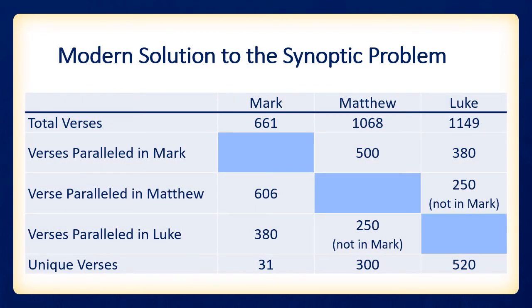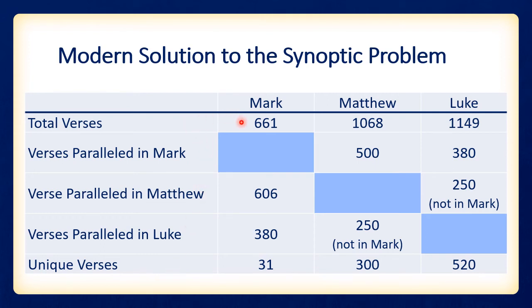But beginning in the 19th century, scholars were not quite satisfied with Augustine's solution, and so they begin to look at this in other ways. And I want to just give you some statistics here.